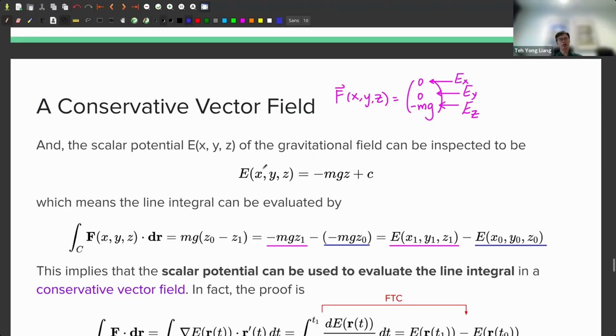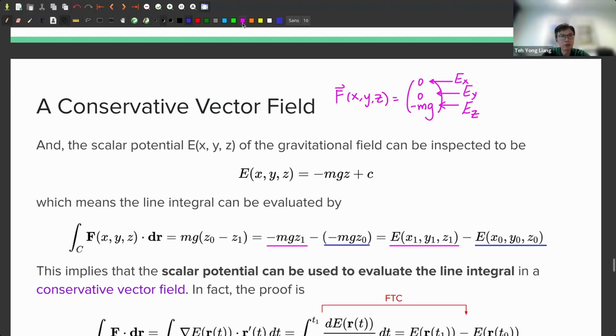Then after that I ask you to find the line integral from some point to some point. You shouldn't do the integration again, because you have already done it. So why do double work? Just make use of the scalar potential: sub in the end point, sub in the start point, and take the difference. You have the same result already.